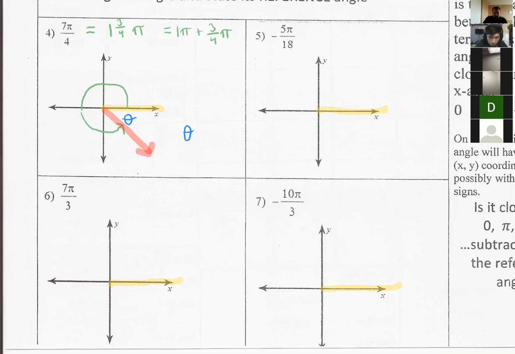So in order to complete another pi, you would need another pi over 4 radians. So that's what theta equals. Think of pi as half a circle. So you need another 1/4 of half a circle to make it all the way around. So theta here is pi over 4 radians. That's what you could add to 7 pi over 4 to get 2 pi, which is a full circle.